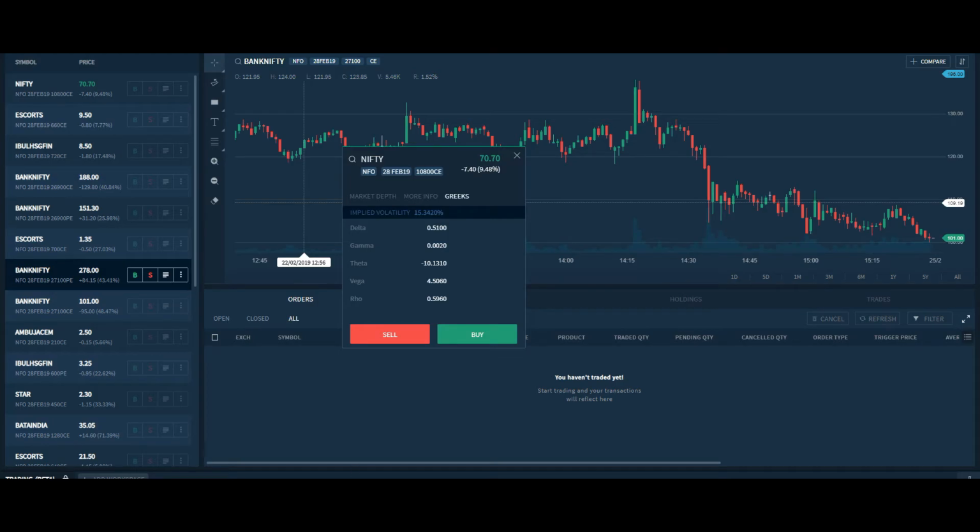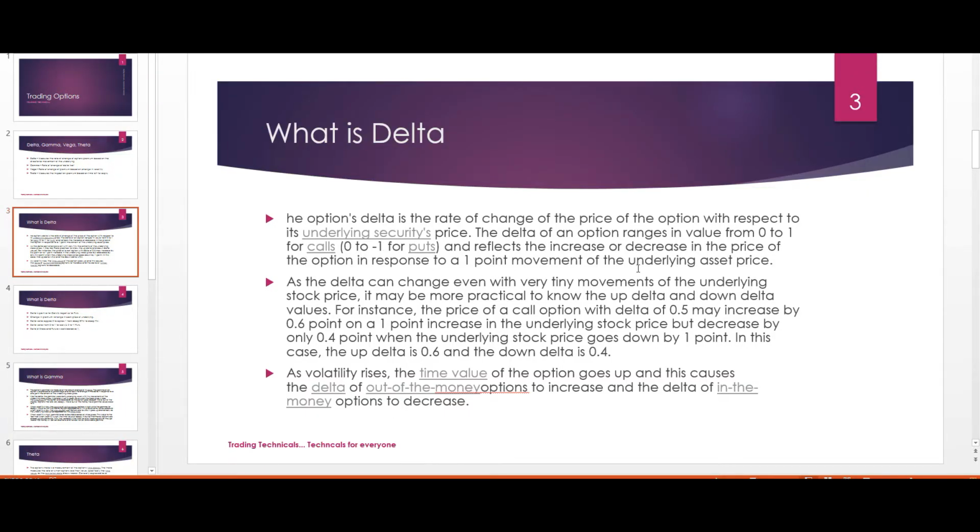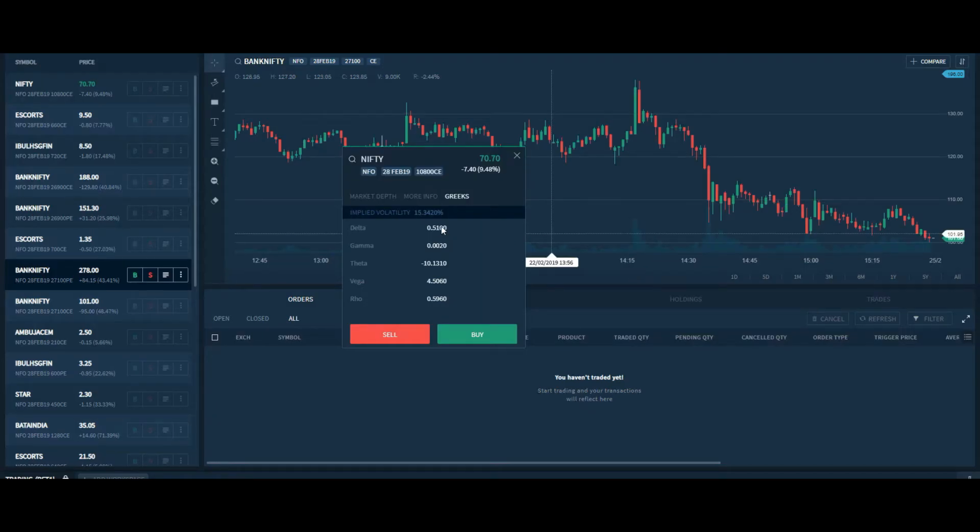I had just given you a definition of what delta is. The option delta is the change of price of the option with respect to the underlying security. So basically, your delta here is 0.51.